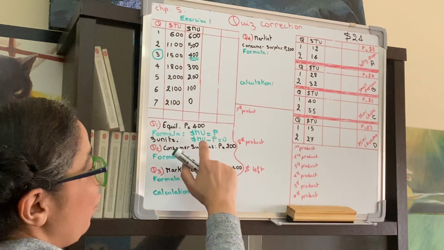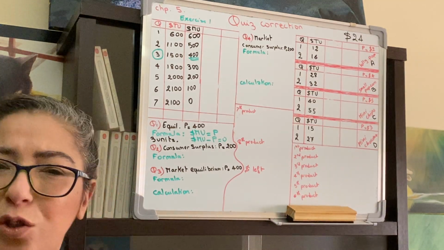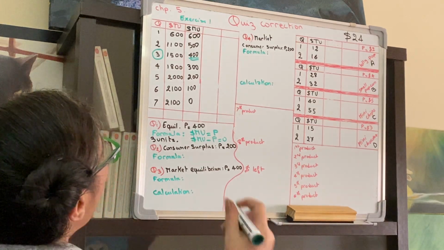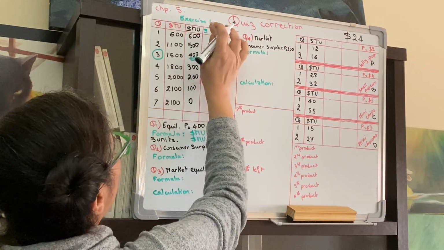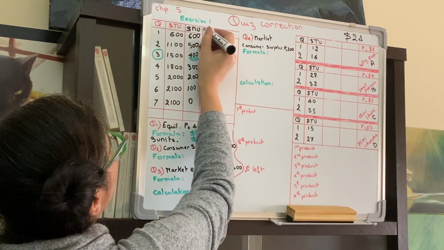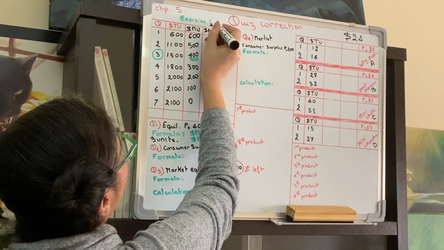Okay, now I'm going to go to this one, which is $mu minus P. This you do it in case you also have to calculate the consumer surplus. So $mu minus P, and P is 400.